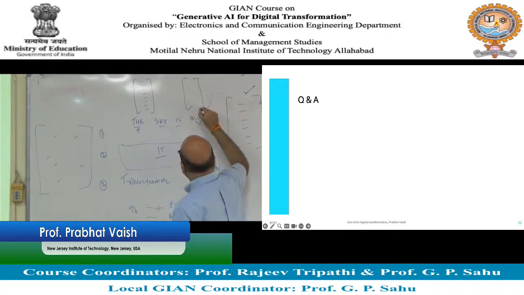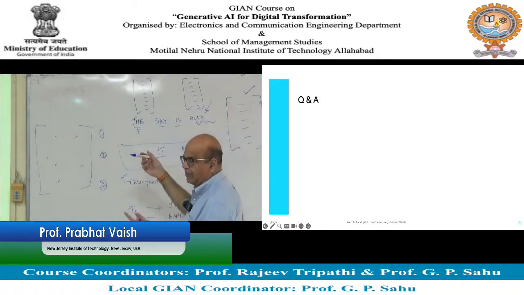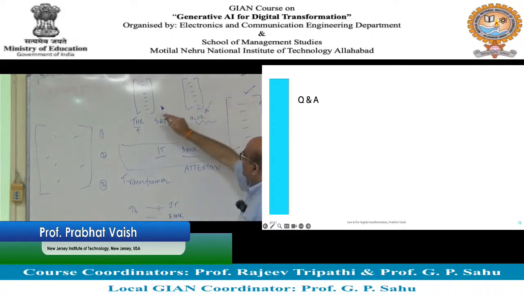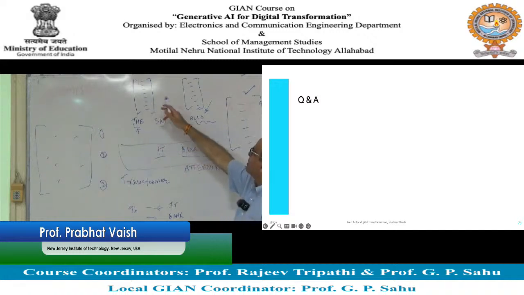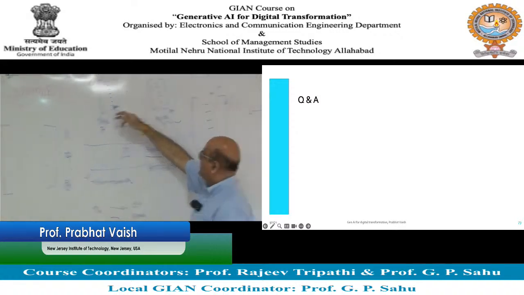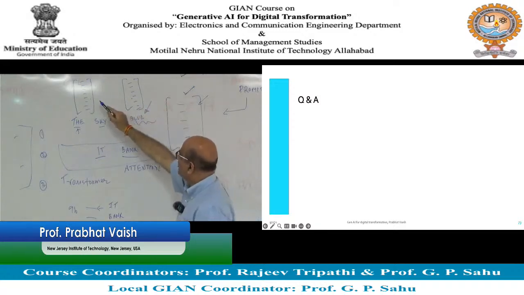We don't know how these numbers are getting calculated or assigned by the language model, but what was figured out is that for the sky and blue, there will be some affinity. How do you figure that out? You take this number, multiply the two vectors, sorry, and then take a dot product.